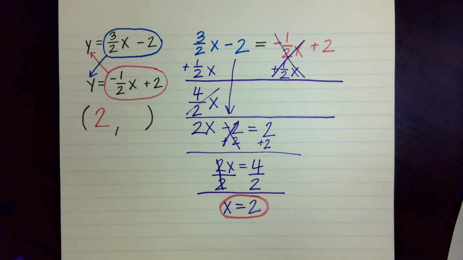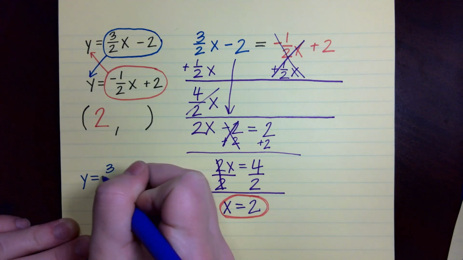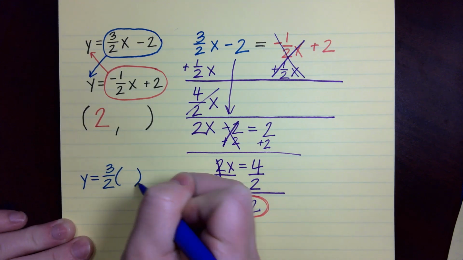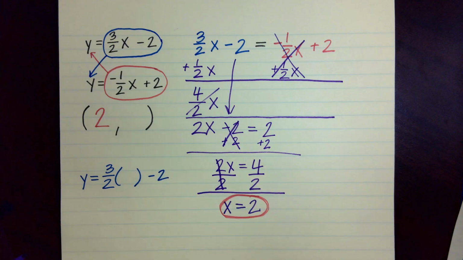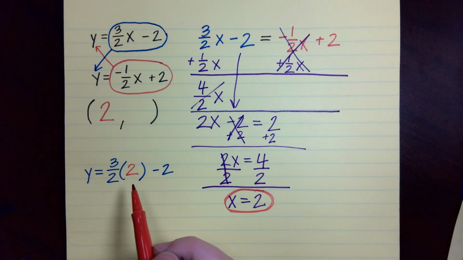So I have y equals 3/2 times x minus 2. And our x was 2. Here's a quick and easy trick for whenever you've got 3/2 times 2.